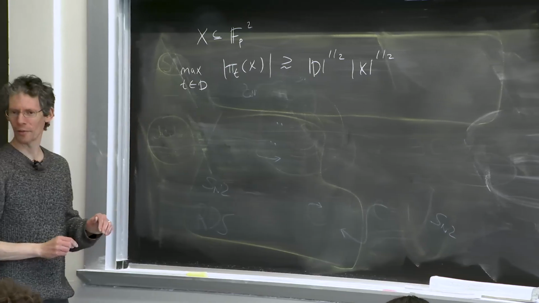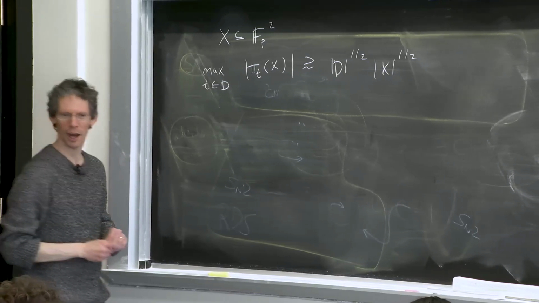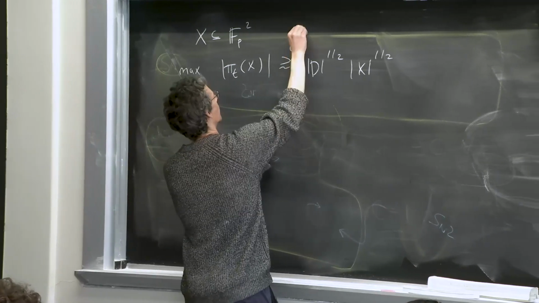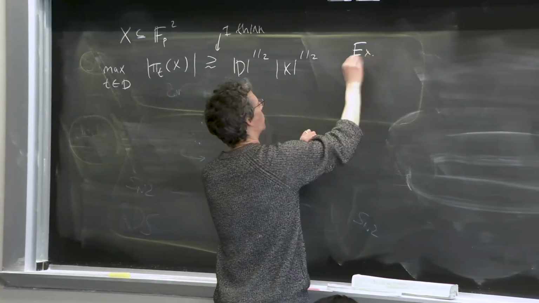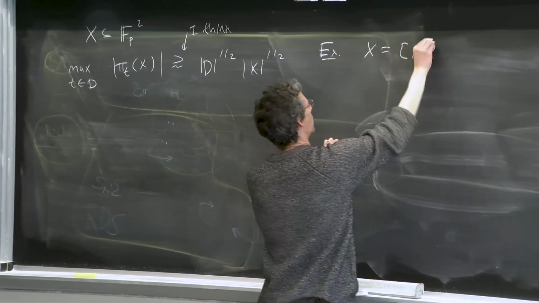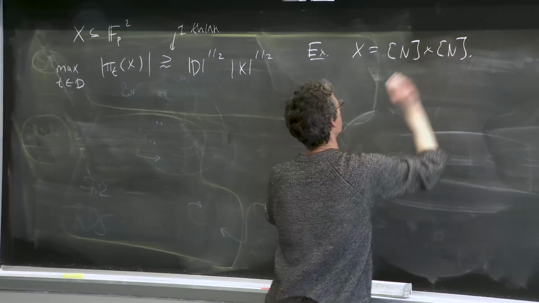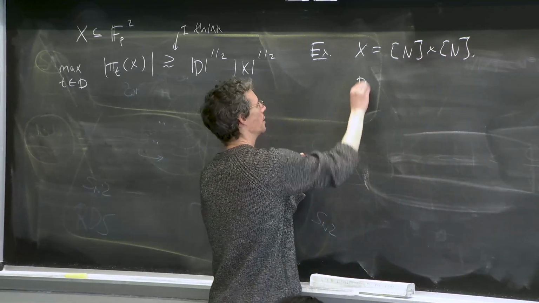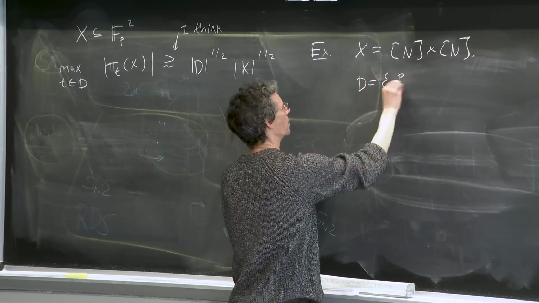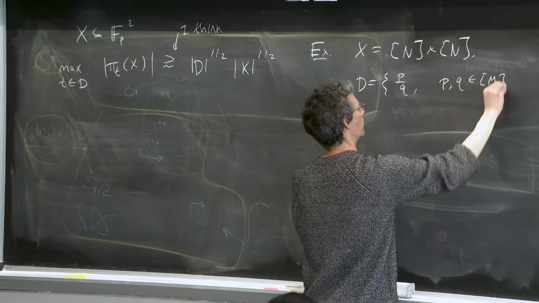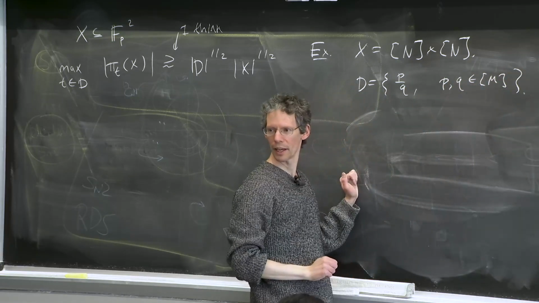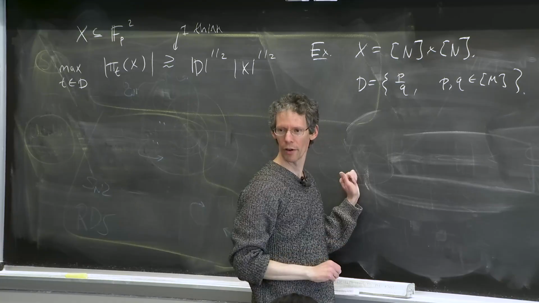Maybe you should check it. I don't quite remember these off the top of my head. And the way to remember it is that the example is that X is a lattice. And then D is the set of rational numbers of small slope. Right? That was the case that we've seen so far where the projections are small.